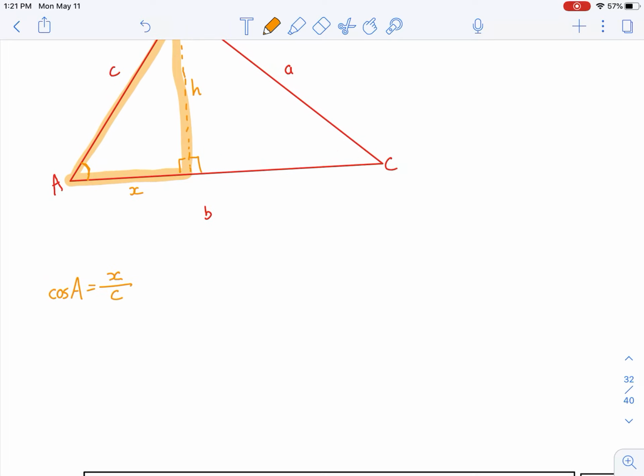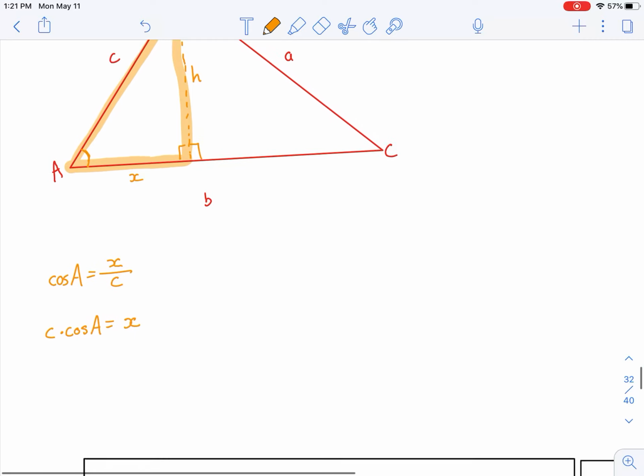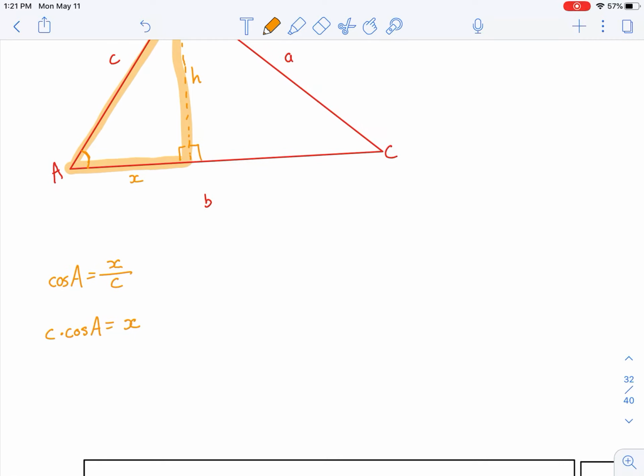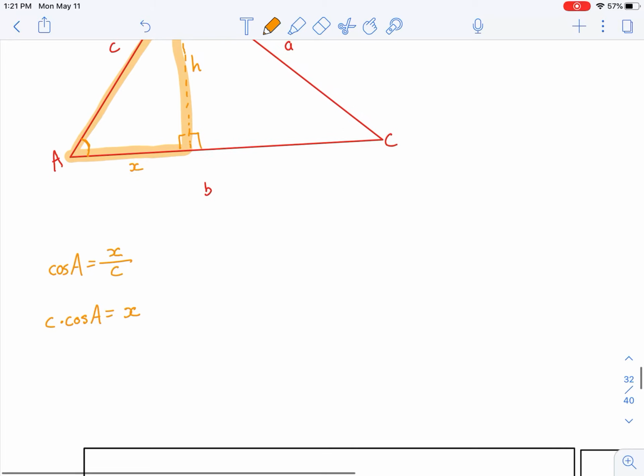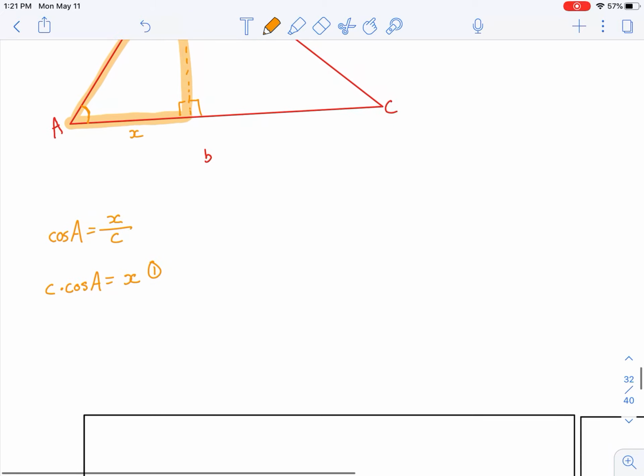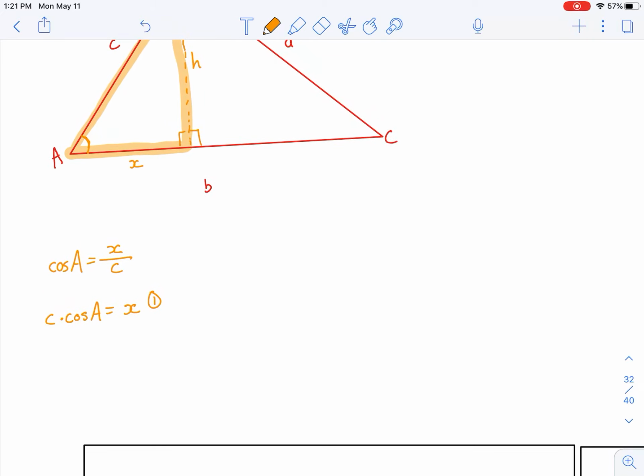Or I could do a little bit of rearranging there, and say c times cos of angle A is equal to x. It doesn't look like I can go much further from there. I don't know a value of x, c, or angle A. So I'm just going to call that number 1. I'm going to set that off to the side, and I'm going to use it in a minute.